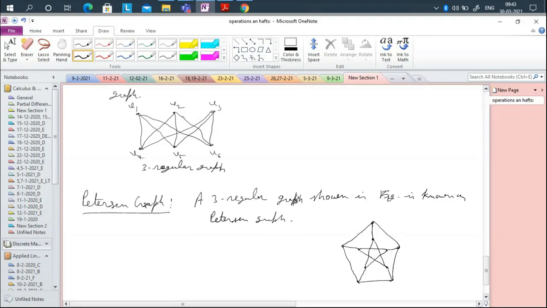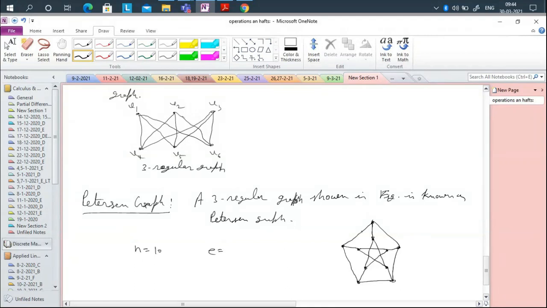Yes. So this graph is called the Petersen graph. Please remember this. It is a 3-regular graph. What is the meaning? Each vertex has degree 3. How many vertices here? 10.